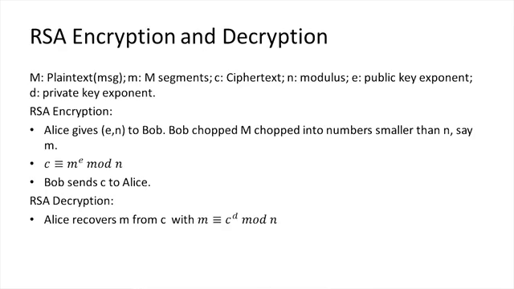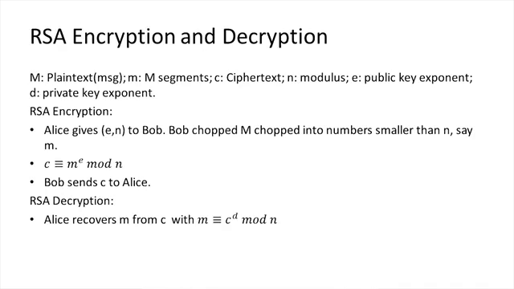Bob then computes the ciphertext c as m to the power of e modulo n. The formula we use here is c equal to m to the power e modulo n, so c and m to the e are congruent modulo n. Then, with c computed, Bob sends c to Alice.